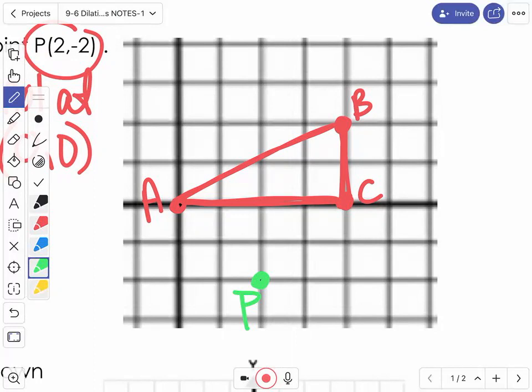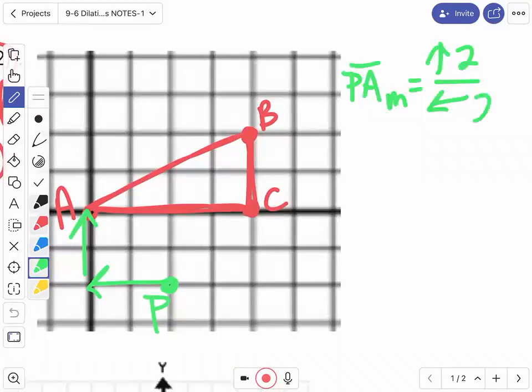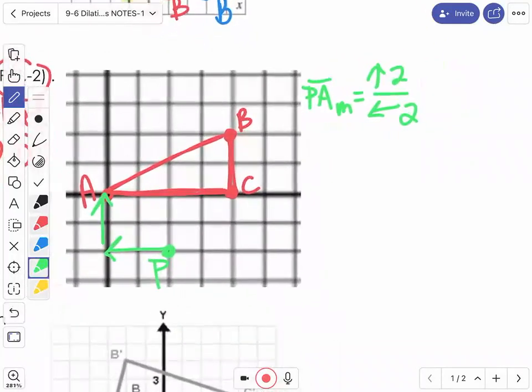So to get to A, I have to go left 2 and up 2. So P to A slope, up 2, and left 2. My scale factor was 1/2, so I'm going to multiply both of those rise over run times that 1/2.